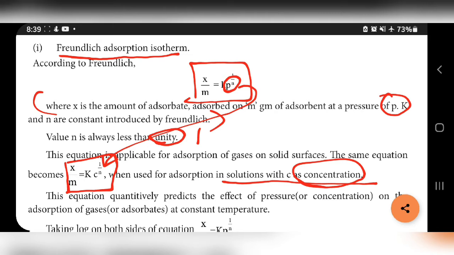The equation quantitatively predicts the effect of pressure on adsorption of gases at constant temperature. How does pressure affect the adsorption? By using this equation we can study.